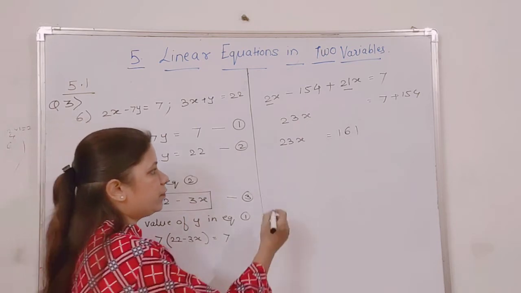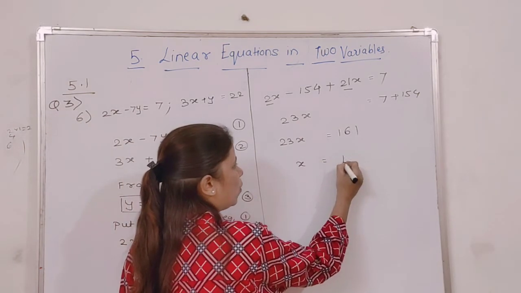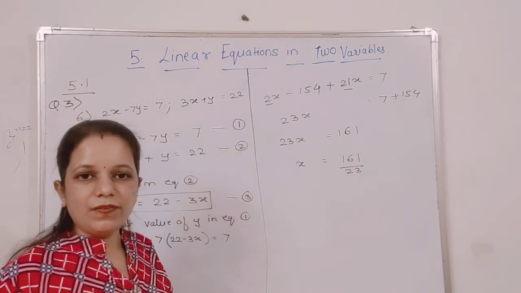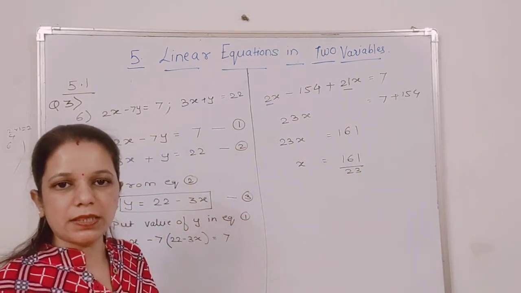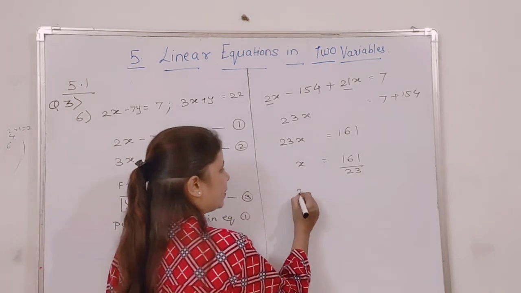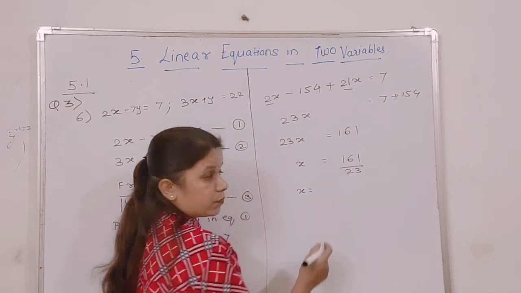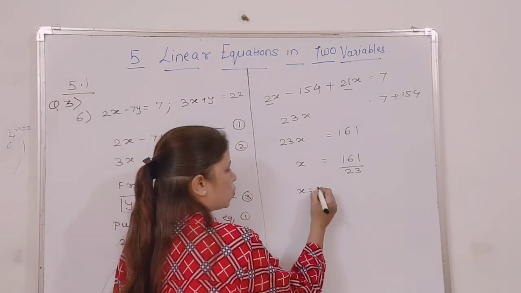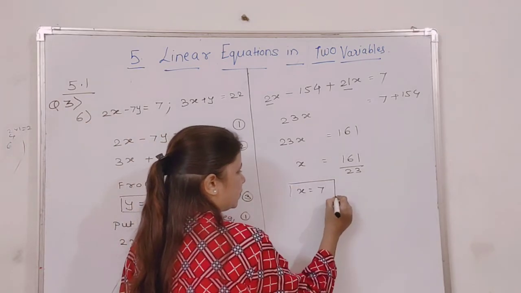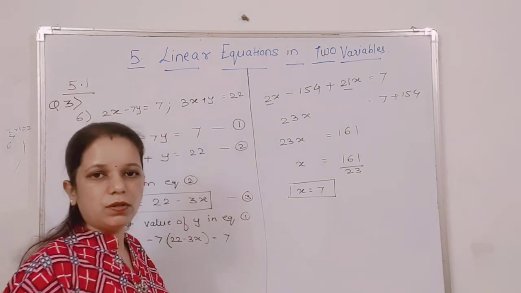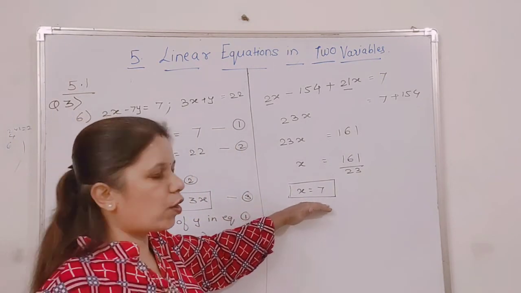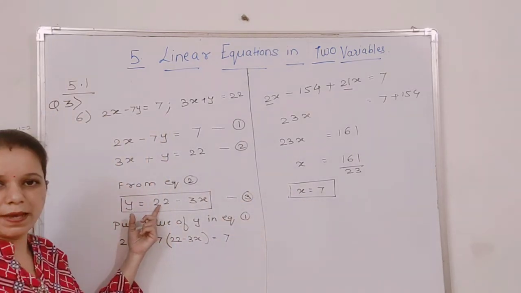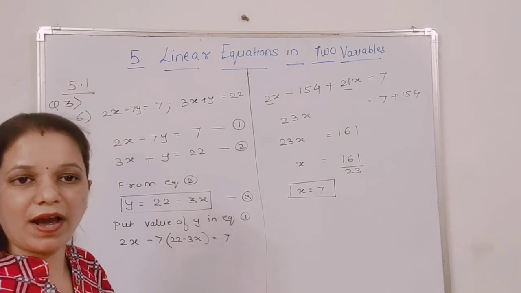Now here we will find the value of x as 161 upon 23. When we divide 161 by 23, we will get 7. 23 sevens are 161. You need to know the tables for this purpose. So x is equal to 7. I'll box it out. Now this value of x, we will put in equation 3 and directly get the value of y.